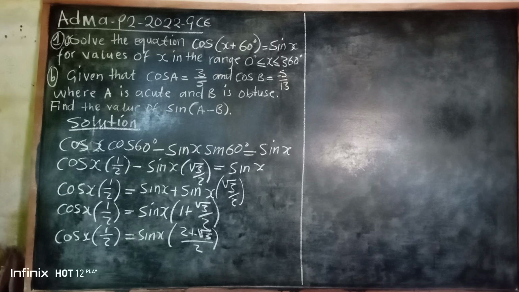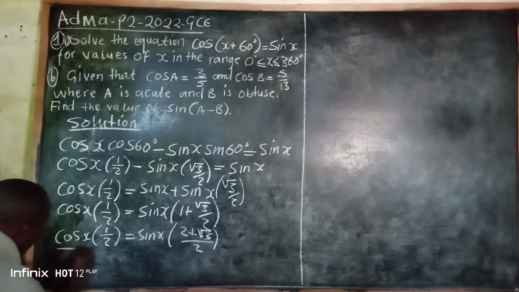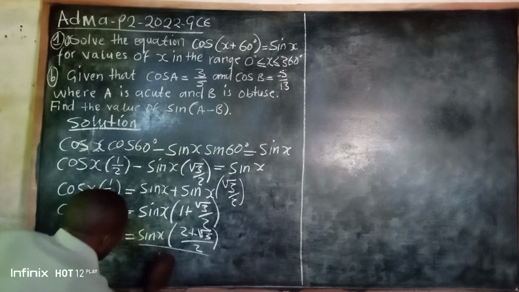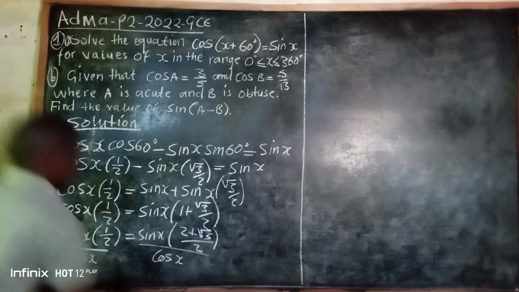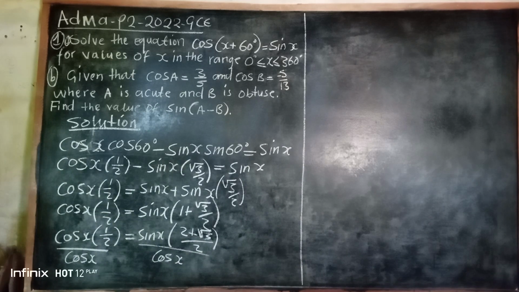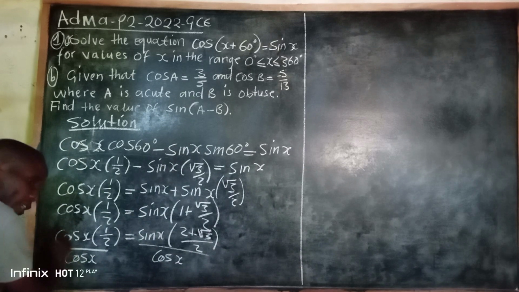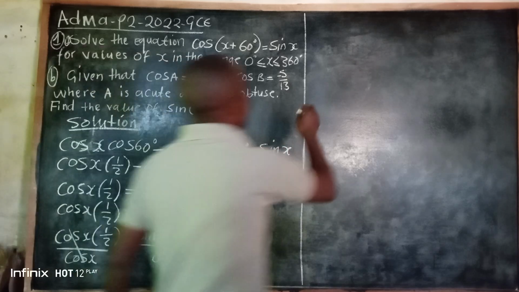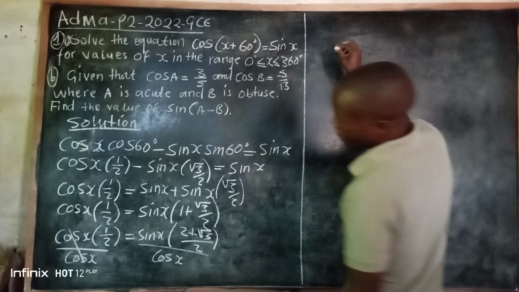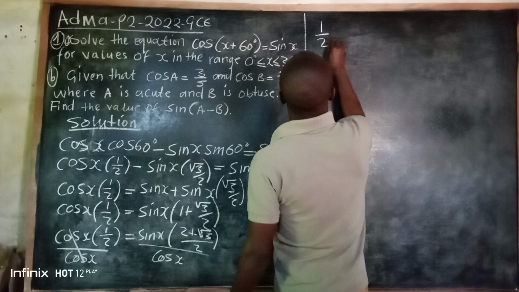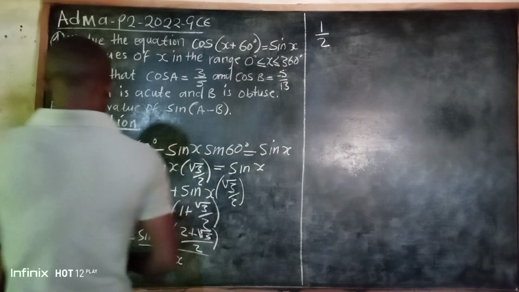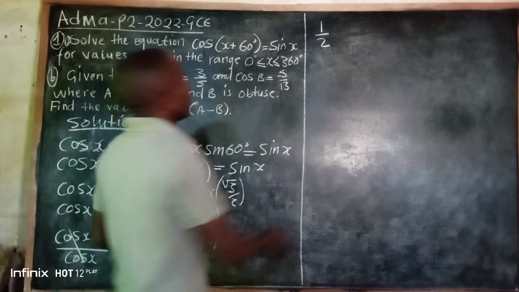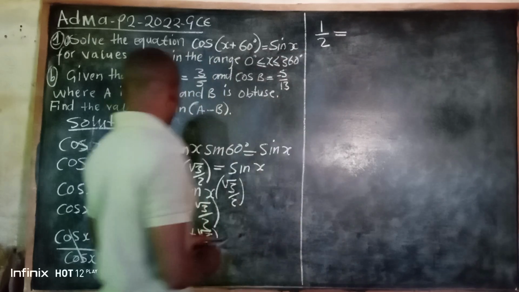So we say over cos x, even this side over cos x. Here cos x will cancel each other, and we are going to remain with 1 over 2. So this side we have remained with 1 over 2 equals.